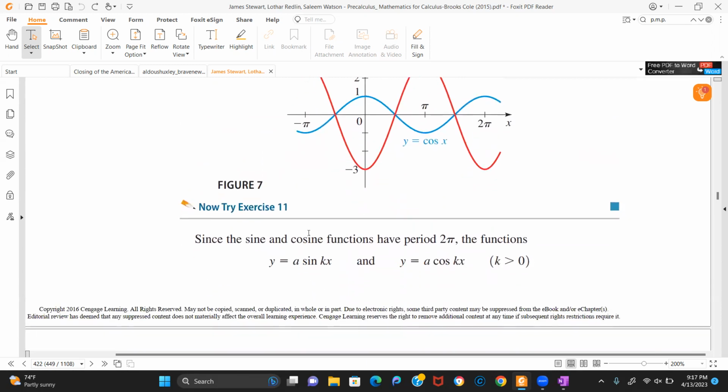All right, so now when you multiply on the outside, say by a, that's going to have the effect of either vertically stretching or shrinking. But when you do the multiplication inside the function by x, this, remember, has the effect of horizontally stretching or shrinking.